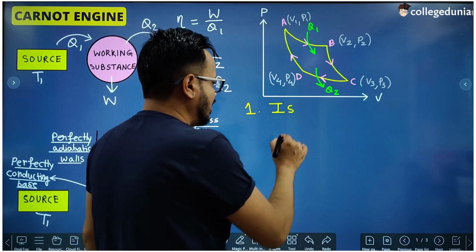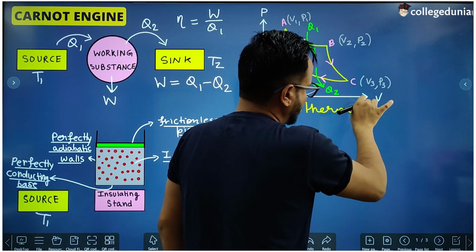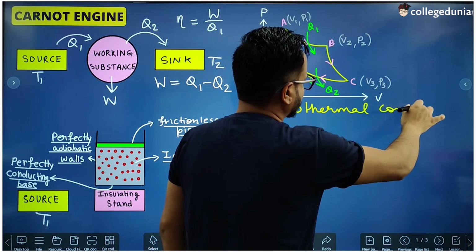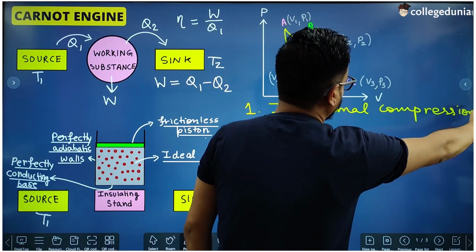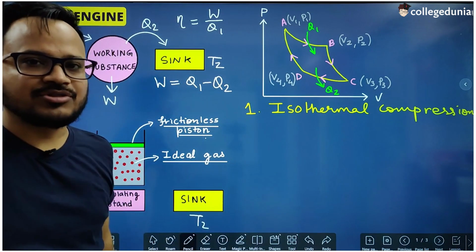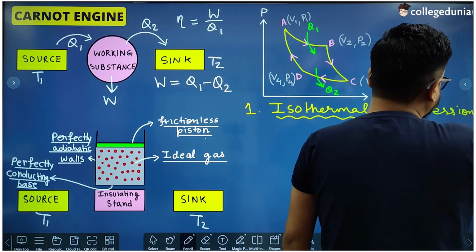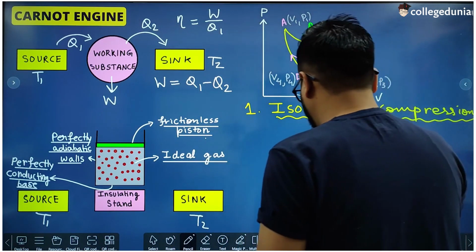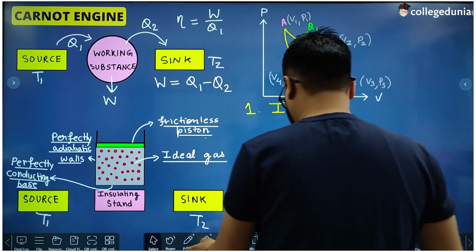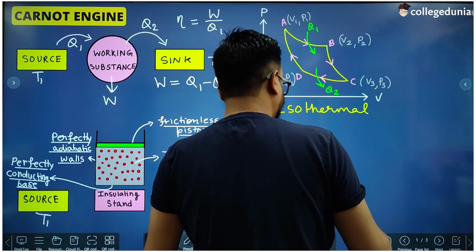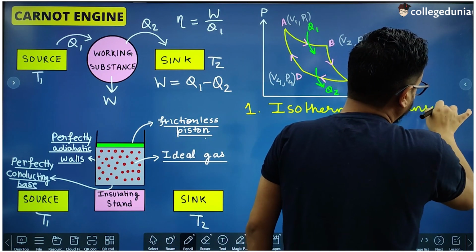Isothermal process means a process in which the temperature of the system remains constant. So the first step is isothermal expansion.